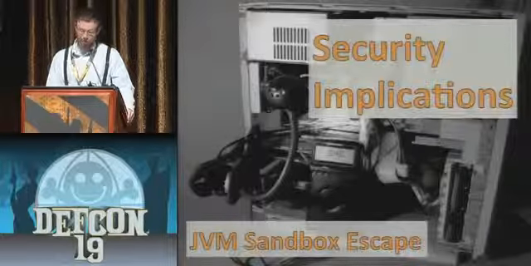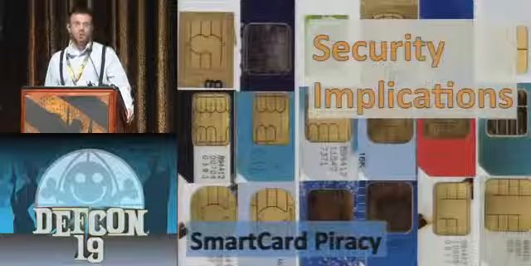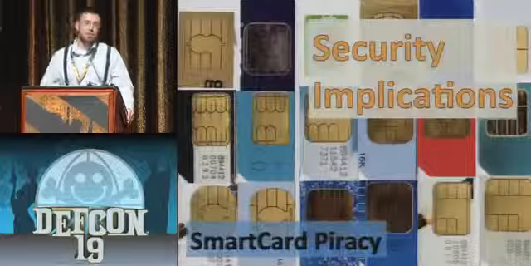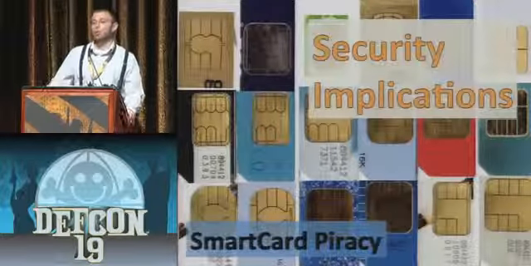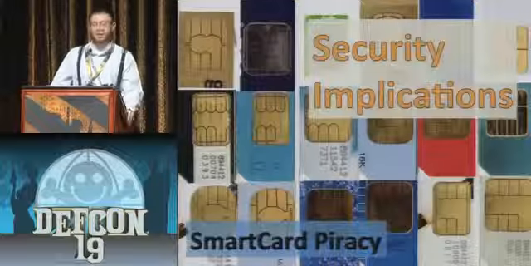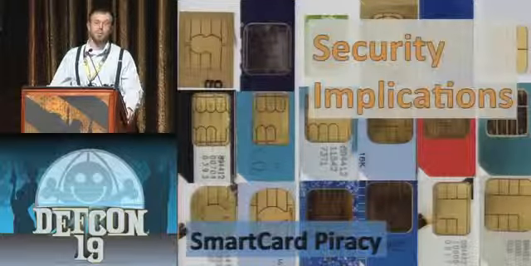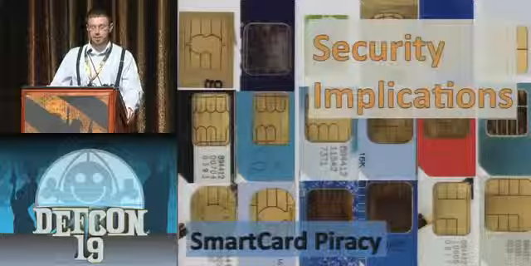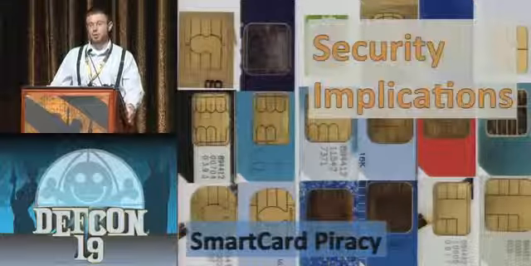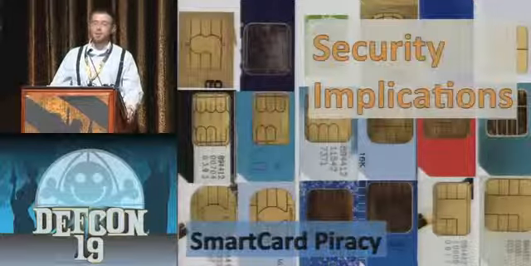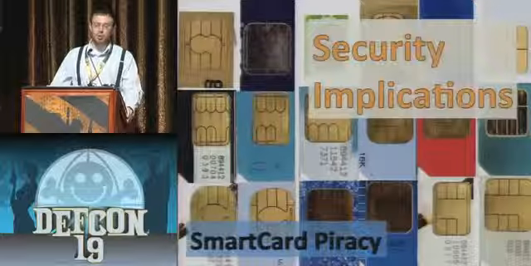The next security implication is smart card piracy. There's actually an ongoing war between cable TV set-top box manufacturers and smart card pirates. Satellite signals are broadcast throughout and they're encrypted, and the way you view satellite TV is if you have the decryption key in a smart card.